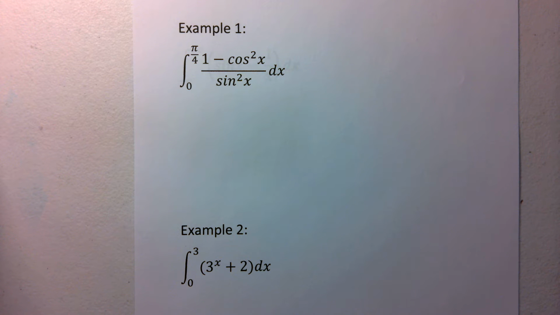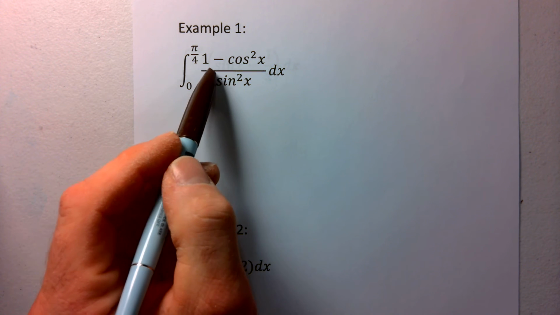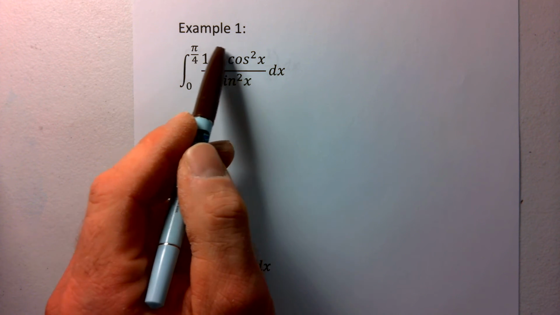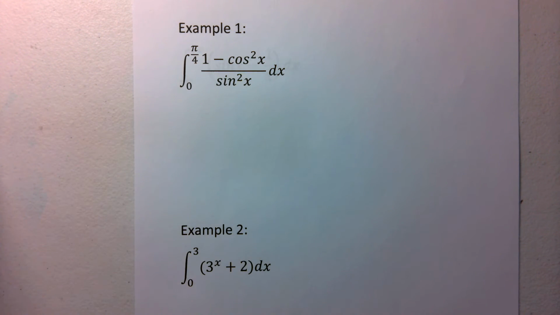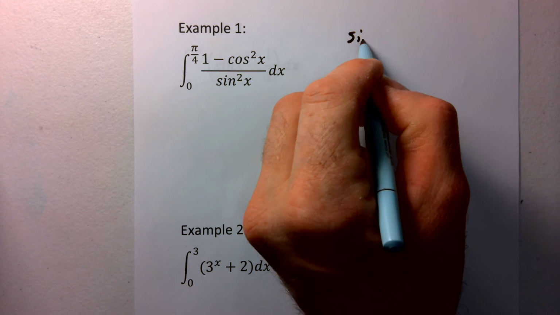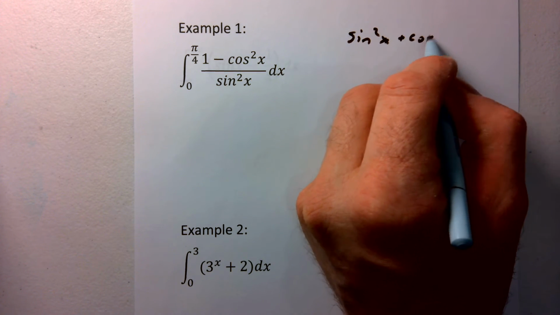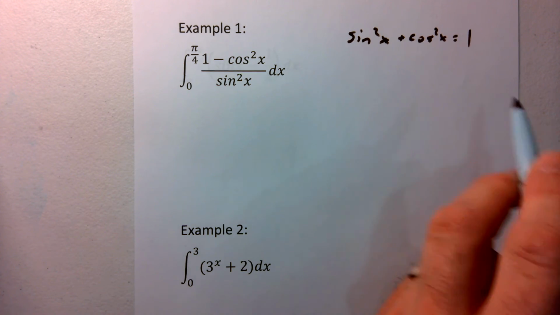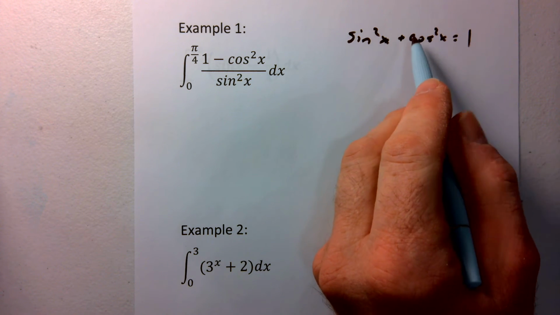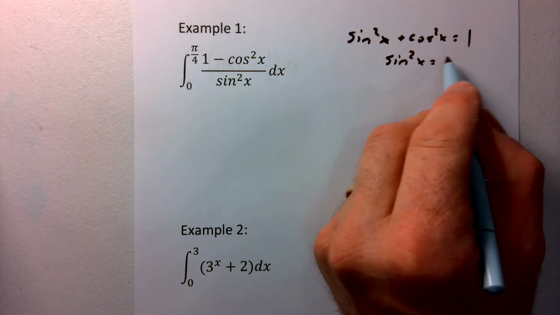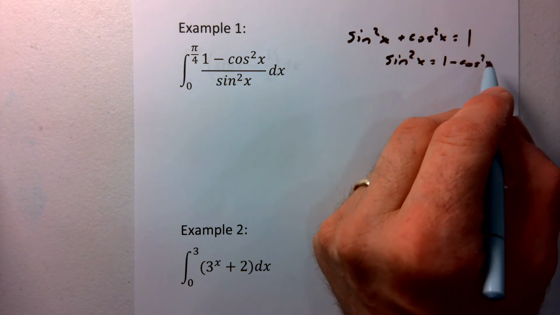So if we look at this, 1 minus cosine squared, if we recall the Pythagorean identity of sine squared plus cosine squared of x equals 1, then if we rearrange this by subtracting cosine squared over, we end up with sine squared of x equal to 1 minus the cosine squared of x.